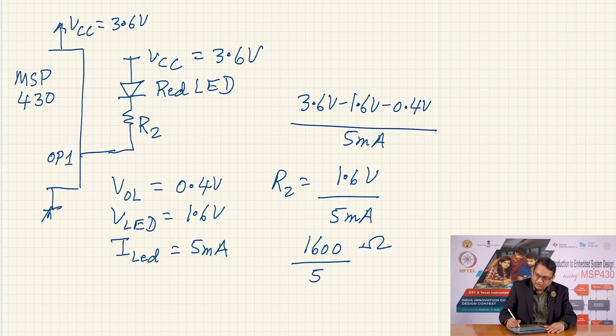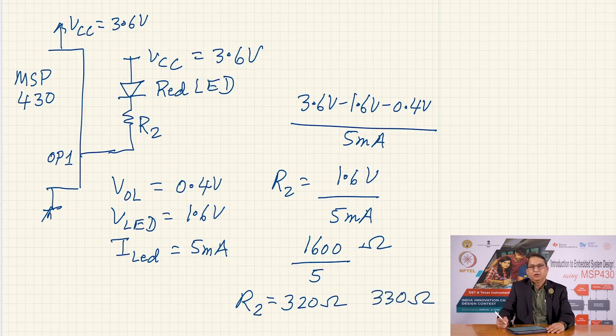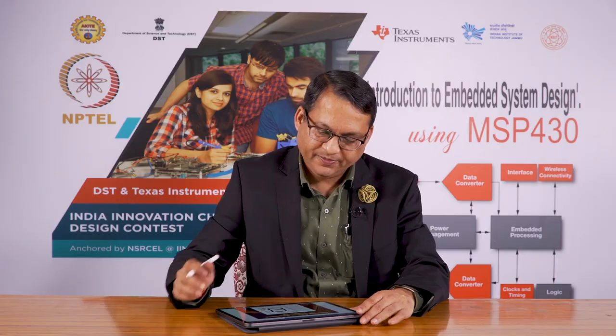So, this would be roughly 320 ohm, and so R2 is 320 ohms, and you can use a standard value of 330 ohms for allowing about 5 milliamperes of current through this configuration. Now, what if you wanted to increase the current through the LED through either of these configurations, whether low side or high side? Let us see that.